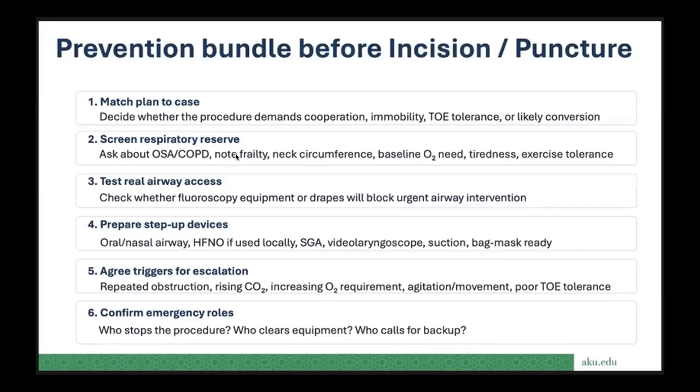Then prepare the next airway step in advance, including adjuncts, high frequency nasal oxygen if relevant, suction, and a clear communication plan. So this bundle is simple, but it addresses the main preventable problems described in the various NORA reviews and the procedure-specific cardiac papers.